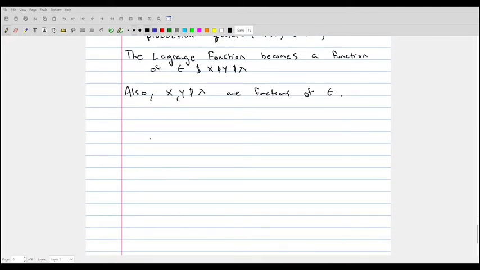But the idea is that the Lagrange function is now going to depend directly on, just like before, x, on y, and on lambda, but it also depends on t, because the Lagrange function is going to be the cost function minus our constraint function, which is our lambda times our constraint function, minus this new value, this new production quota.